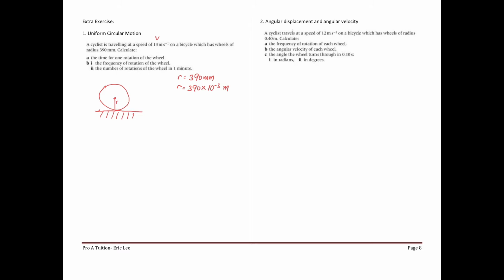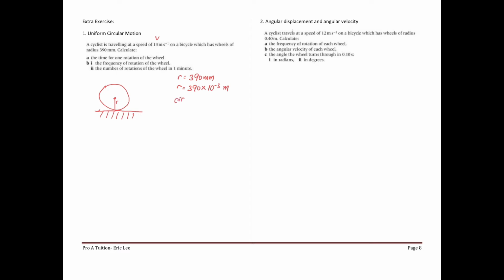And as the wheel rolls forward, there is a relationship between the circumference and the distance traveled. So let's say I count out the circumference of the circle.